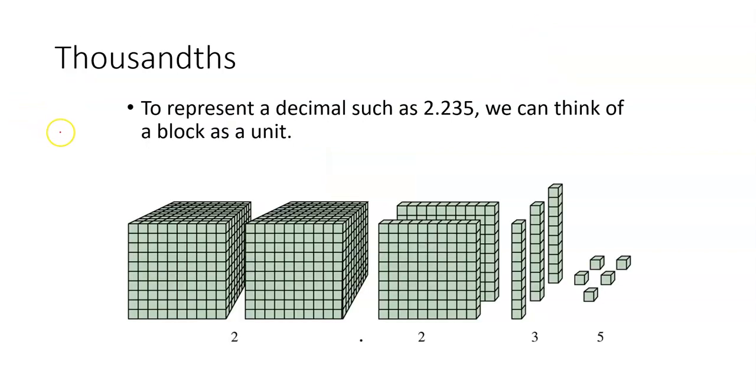All right. So look at 2 and 235 thousandths. The little tiny blocks are your thousandths. These are your hundredths. These are your tenths. And these are your wholes, or your units.